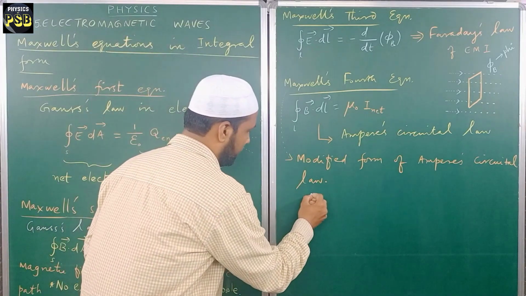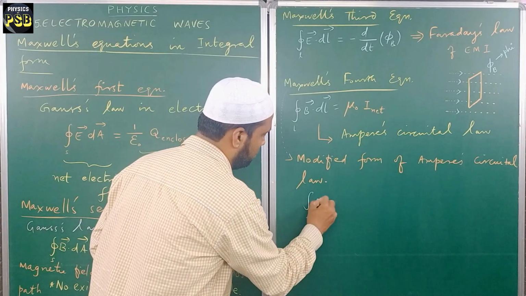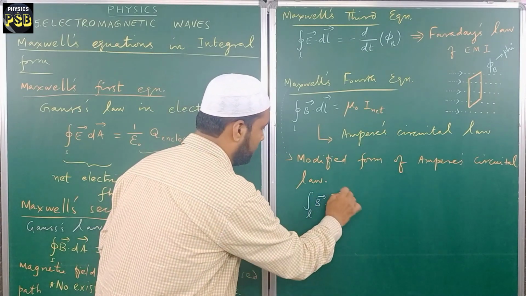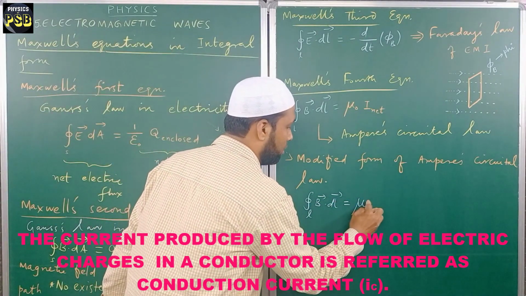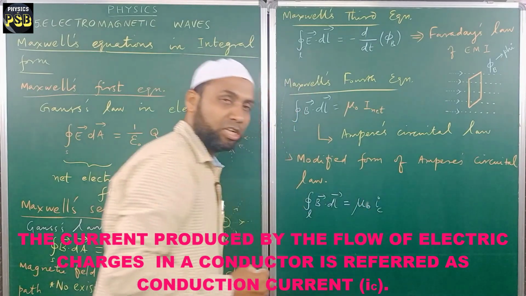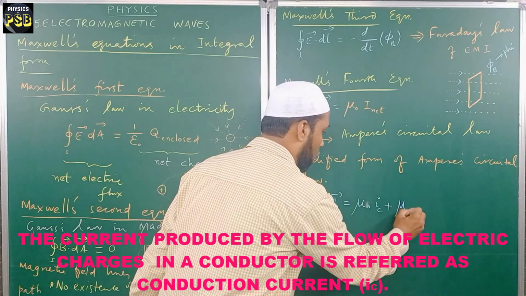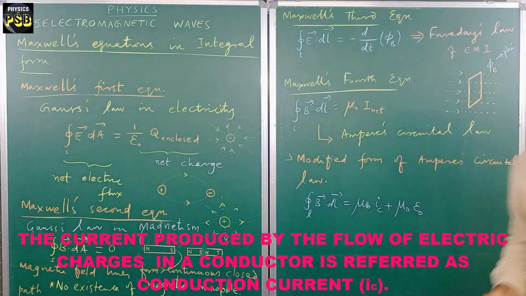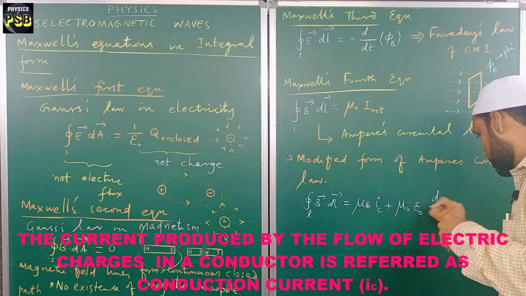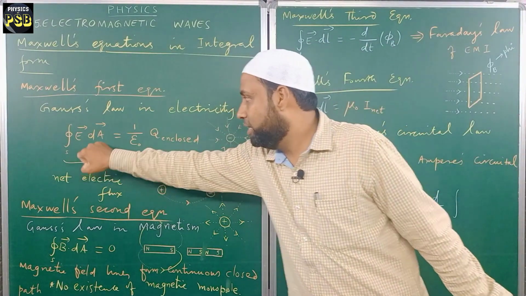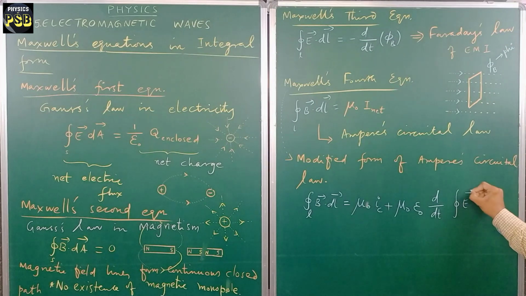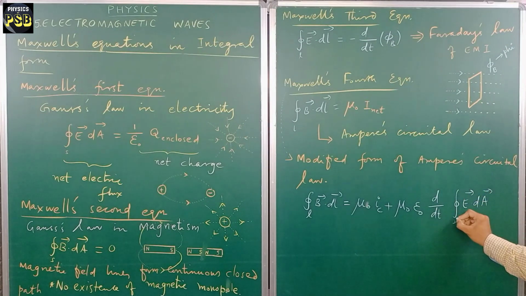Let me tell you. The line integral of a magnetic field over a closed path is equal to mu naught times the conduction current plus mu naught epsilon naught d by dt of phi E. This is known as Maxwell's fourth equation.